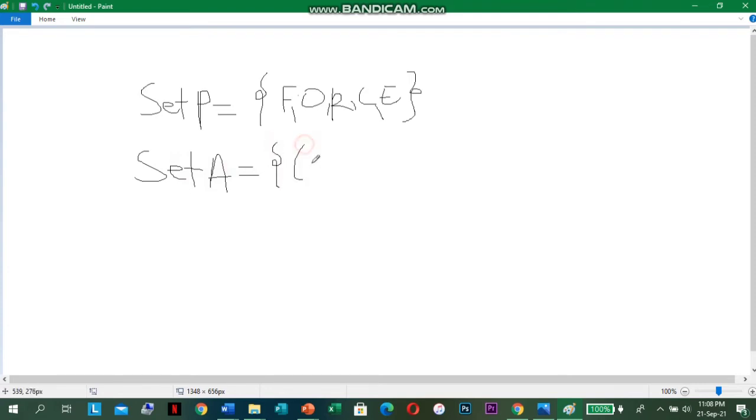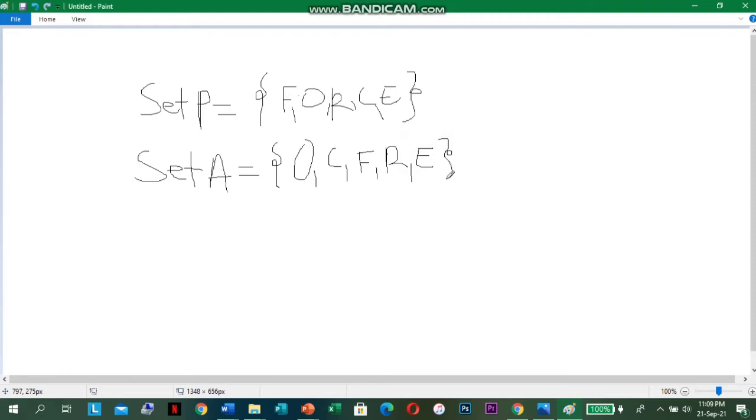So we have O, we have C, we have F, we have R, and we have E. We want to know if these two sets are equal, set P and set A.